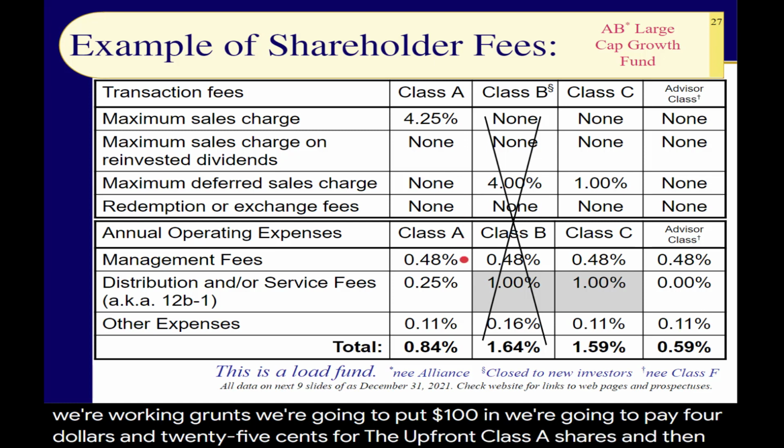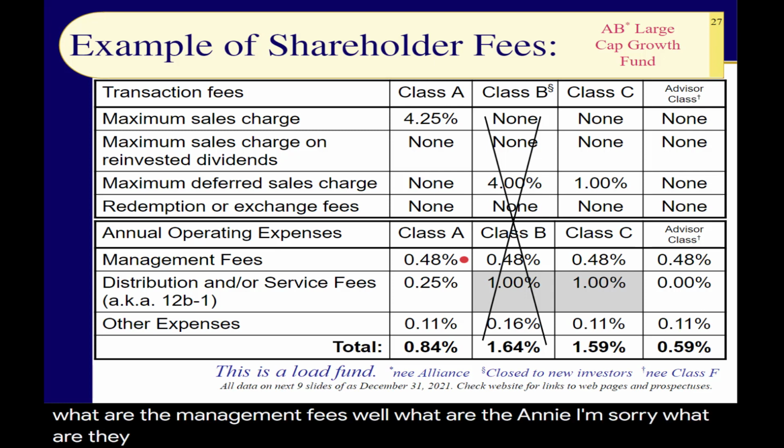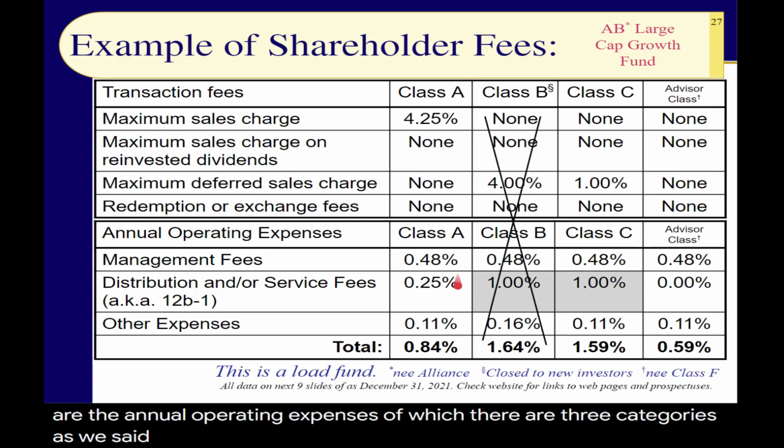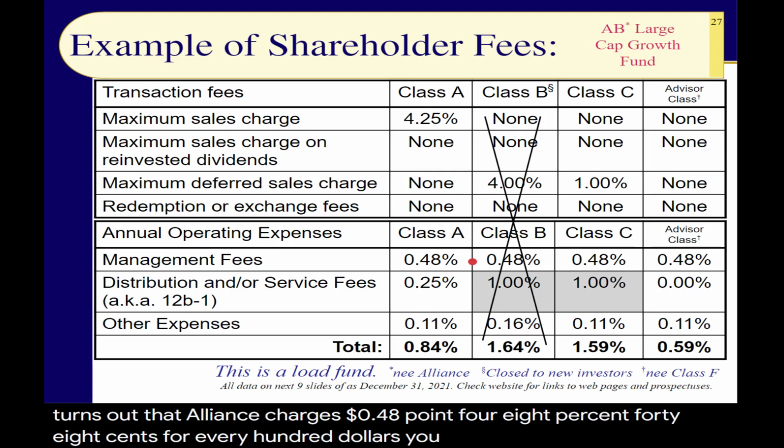And then what are the management fees? Well, what are the annual operating expenses, of which there are three categories, as we said: management fees, 12B1 fees, distribution, service, advertising fees, and the other expenses. Well, it turns out that Alliance charges 0.48%, 48 cents for every $100 you have in the account.